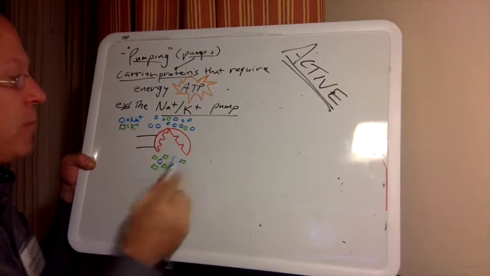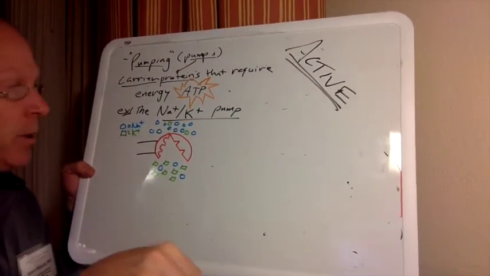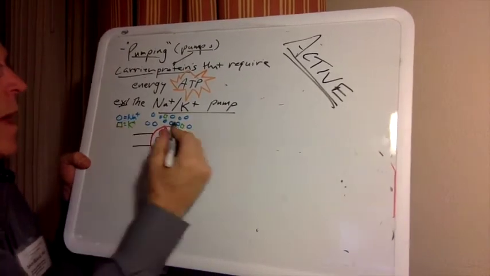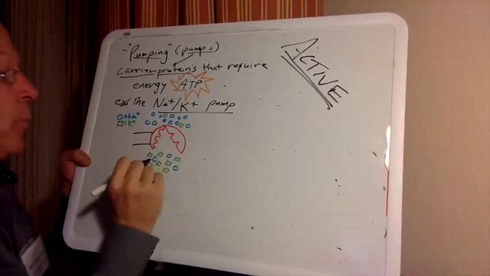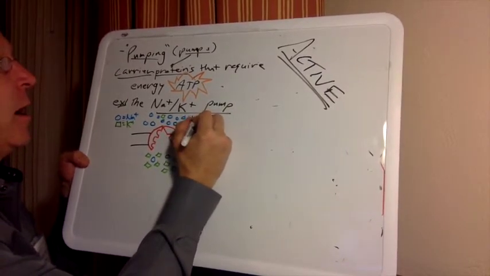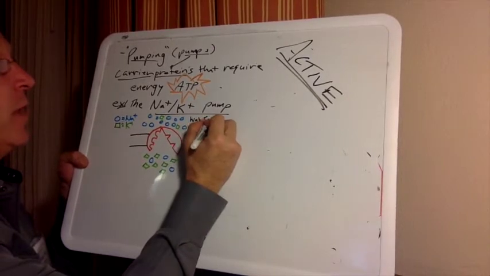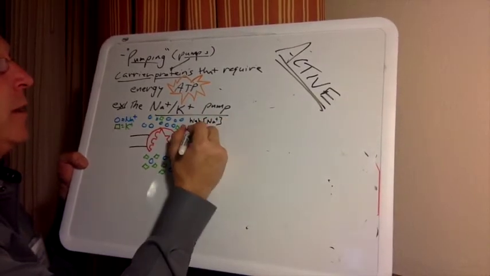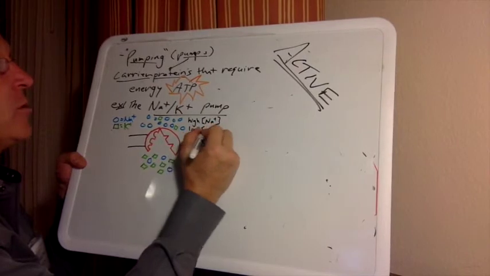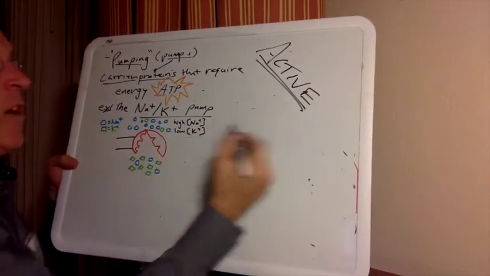So I want everybody here to make sure that when you see this particular picture, we know that at this particular point in time, here we have a high concentration of Na+ and a low concentration of K+. You're saying, what's up with the brackets? We've done this before.